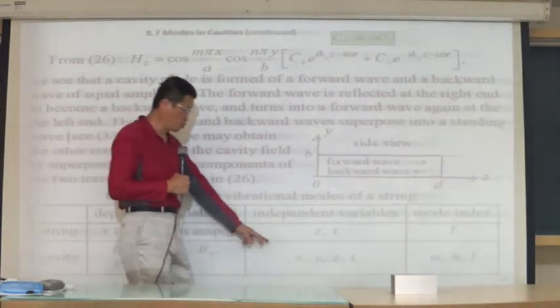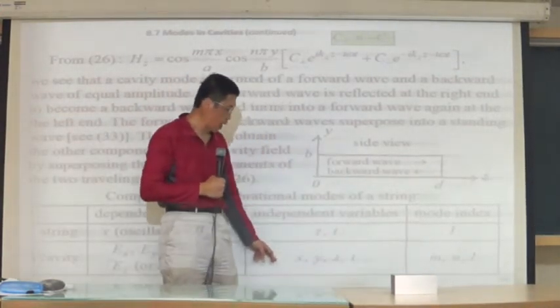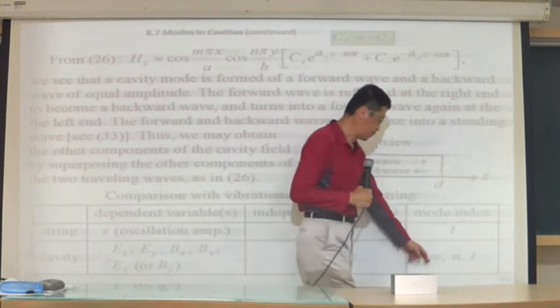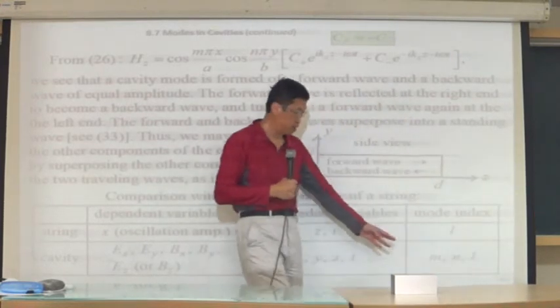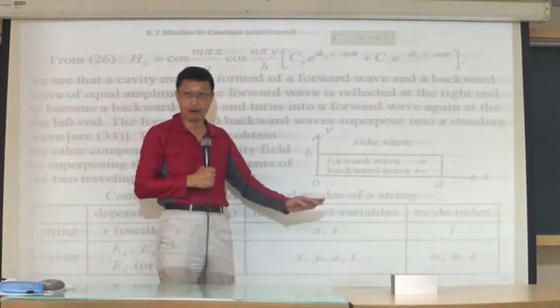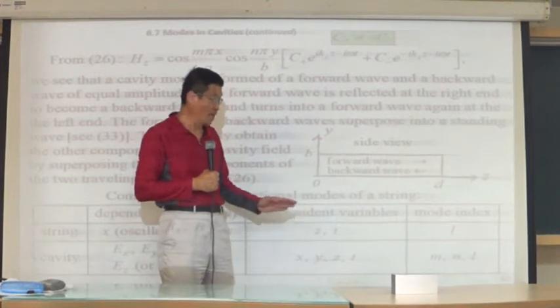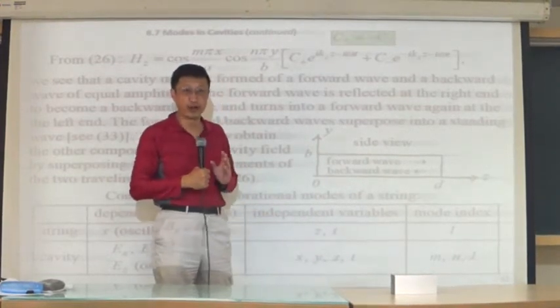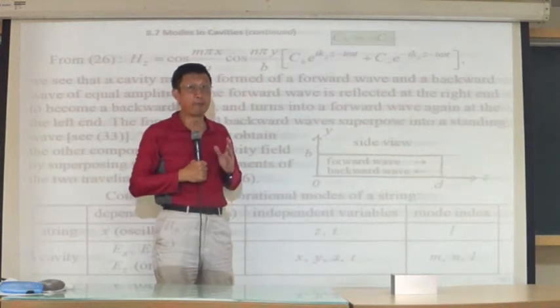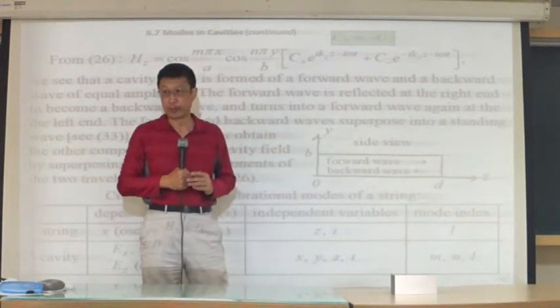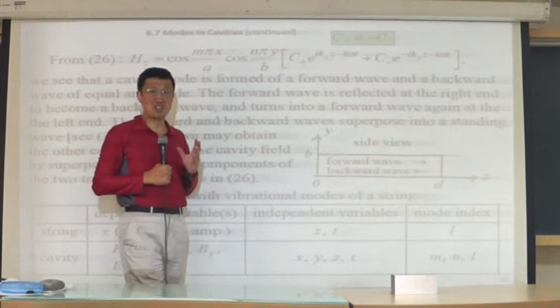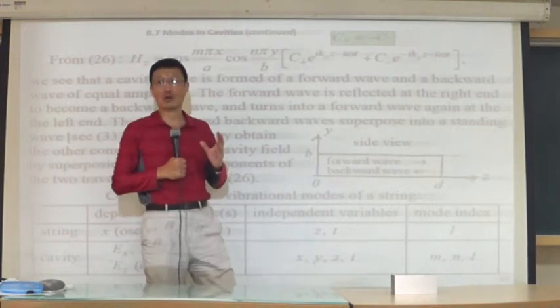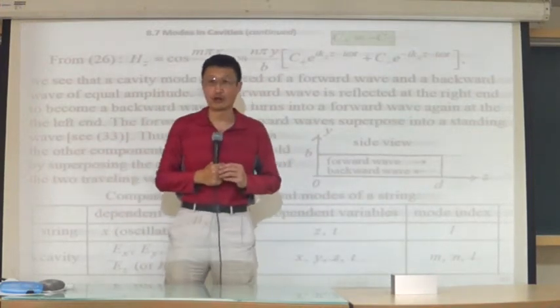So we have three variables, x, y, z, that are quantized, giving us the quantum numbers m, n, L. Boundary conditions give us something very similar to quantization.